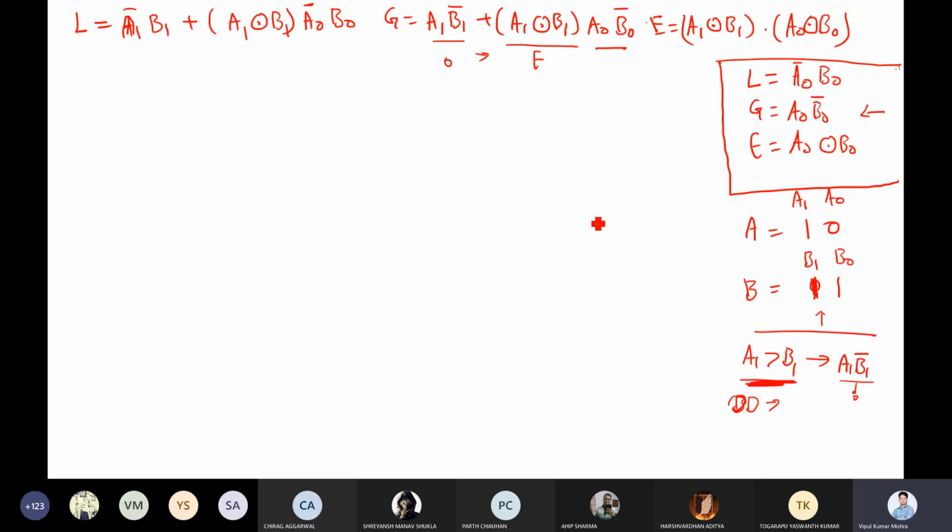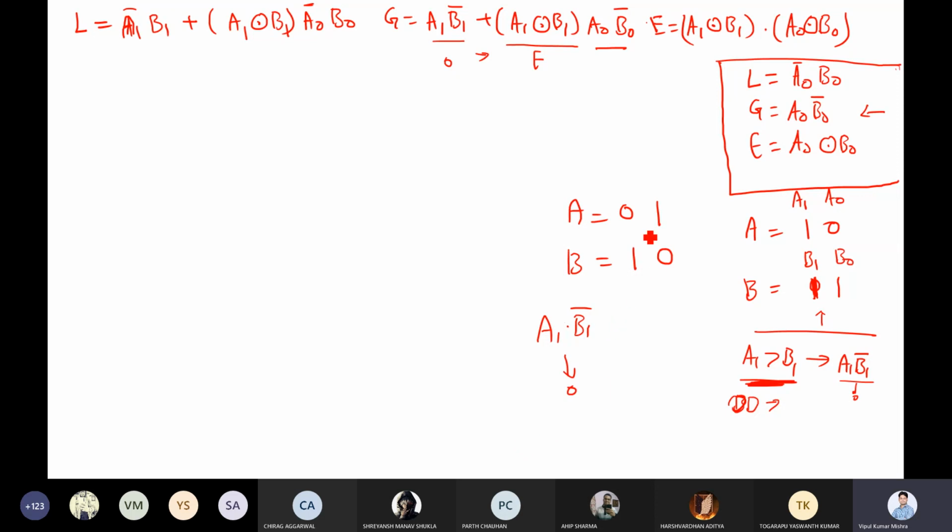Let me take another example. Suppose I have A that is 0 1 and B is 1 0. So definitely in the first step, A1 dot B1 bar, right? This will give 0.